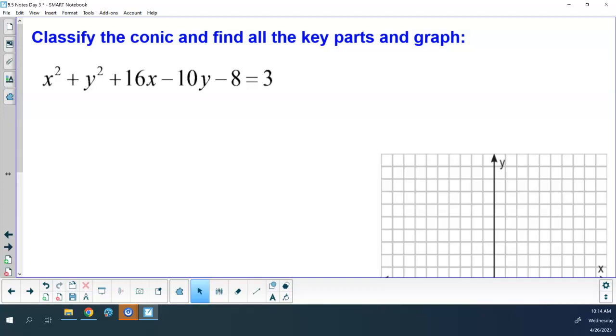Of what? Squared term coefficients are the same. That's one of the 3 classifications that we need. There's 2 squared terms. That's the second one. And Shelby, what did you have? It's addition in between them. Yep. Okay. So those are the 3 classifications for that, which then tells me that yes, this is a circle.